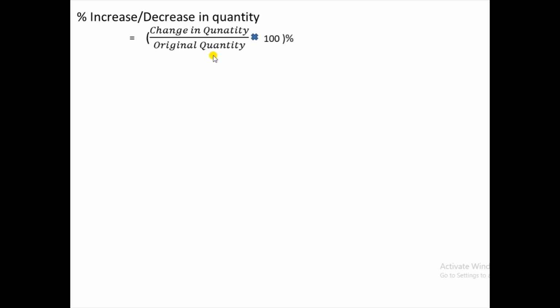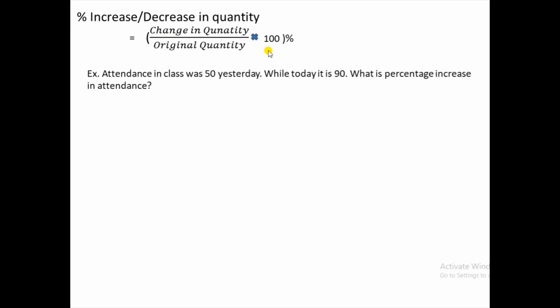If we want to calculate the increase or decrease in quantity, we write the change in quantity in the numerator and the original or base quantity in the denominator, multiplied by 100. We'll understand it with the help of an example.